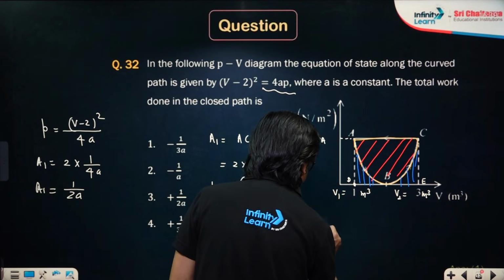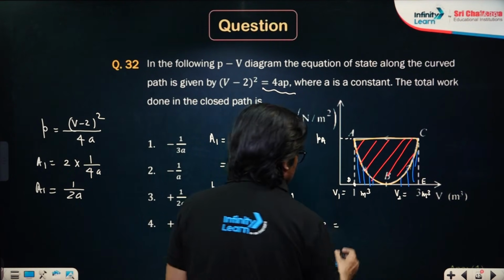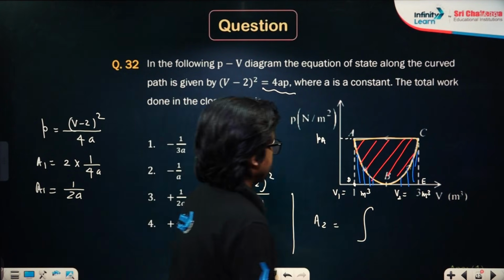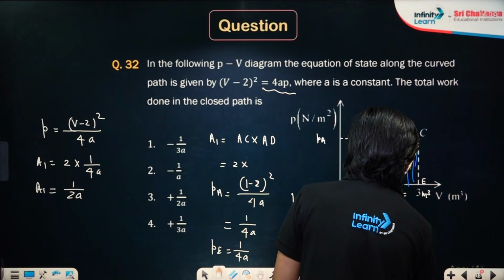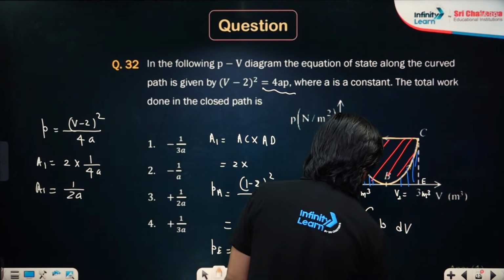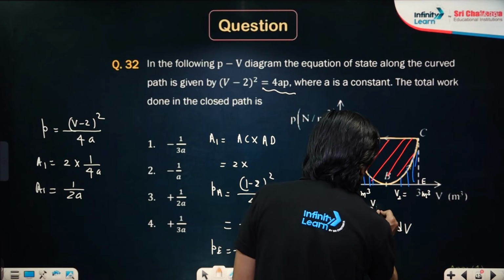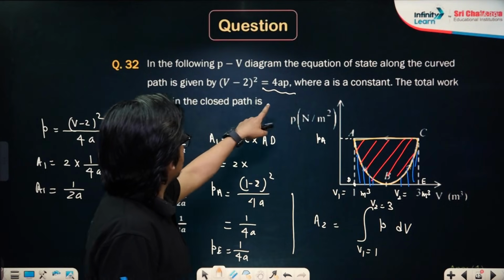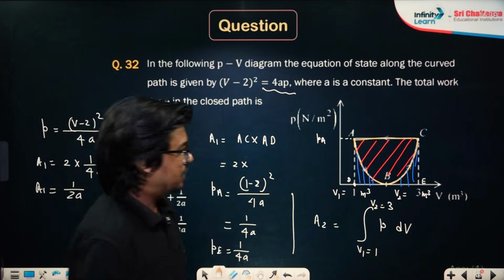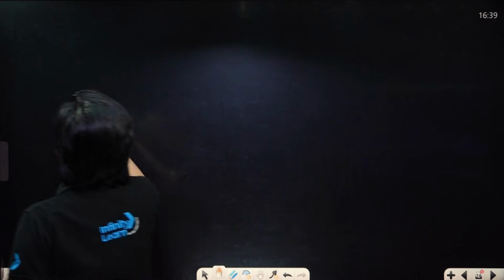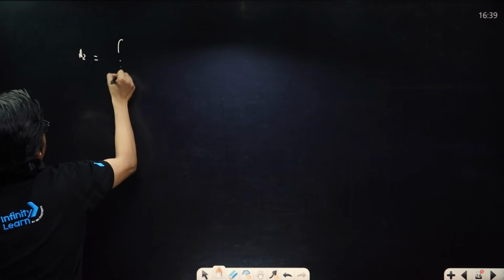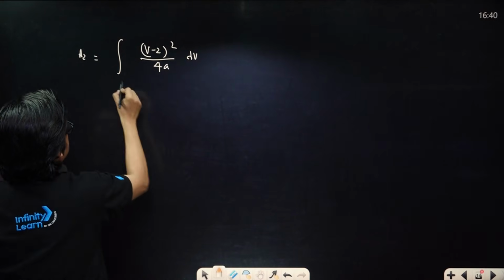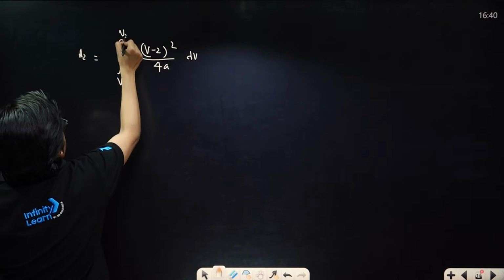The area under the curve, A2, is actually the integral of P dV, where V is changing from V1 equal to 1 to V2 equal to 3. What is P? In place of P, I can write (V minus 2) whole square divided by 4a. So A2 is the integral of (V minus 2) whole square divided by 4a into dV, from V1 equal to 1 to V2 equal to 3.